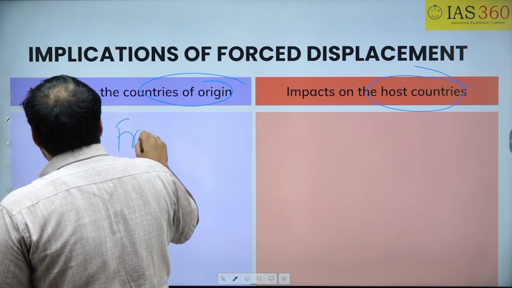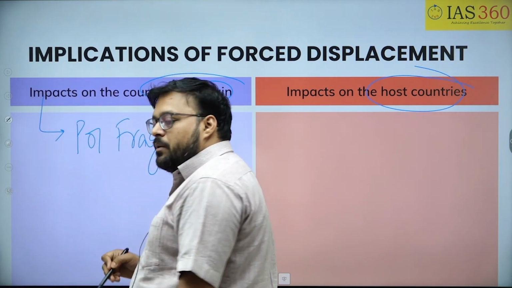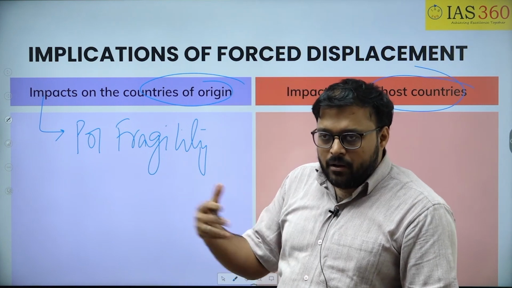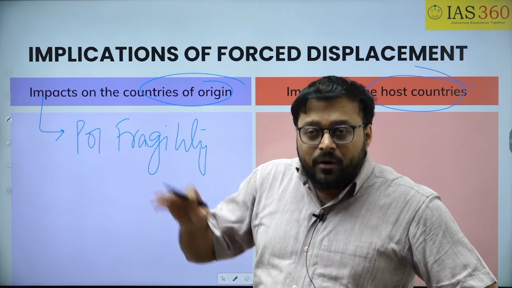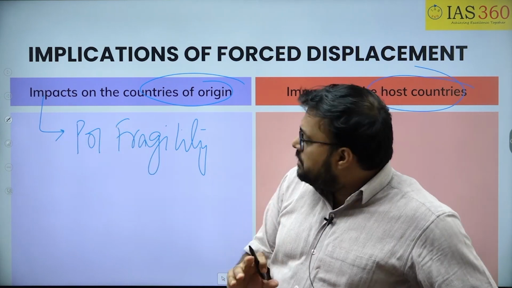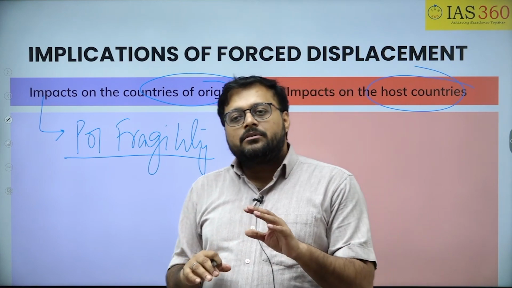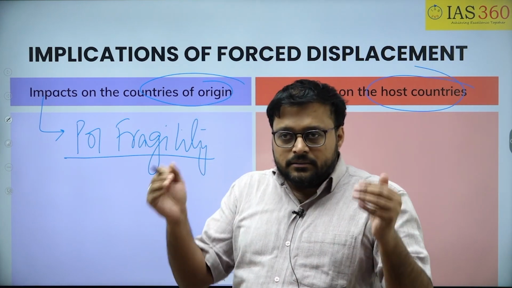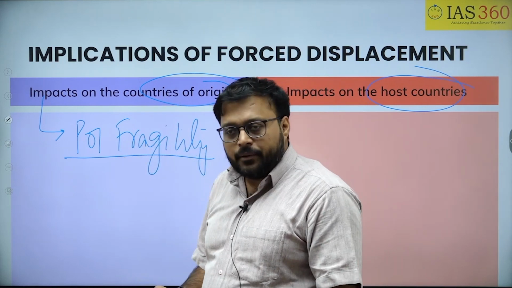For example, in Myanmar, what is happening between people believing in Buddhist ideas and the Rohingya? What is happening in Sri Lanka? This will come under political fragility, because people will turn violent, people will be indulged in conflict, and that is the impact on the country of origin.